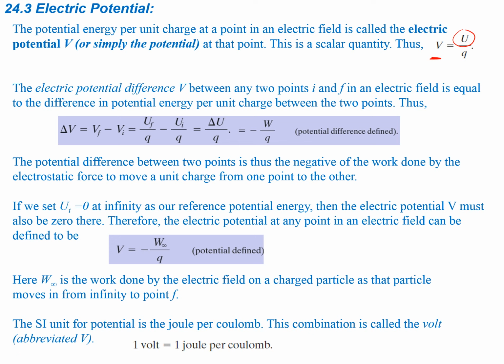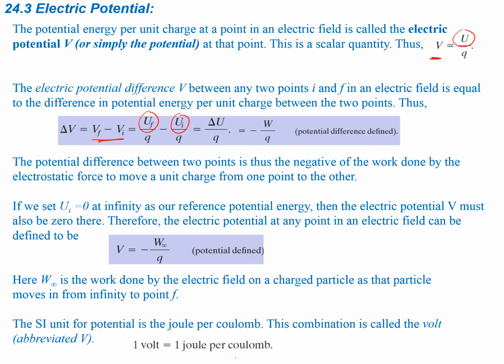So, just going through the math here, we have the change in electric potential is equal to Vf minus Vi, which is equal to our final potential energy divided by the charge minus our initial potential energy divided by charge, or just the change in potential energy divided by Q, which is the charge.